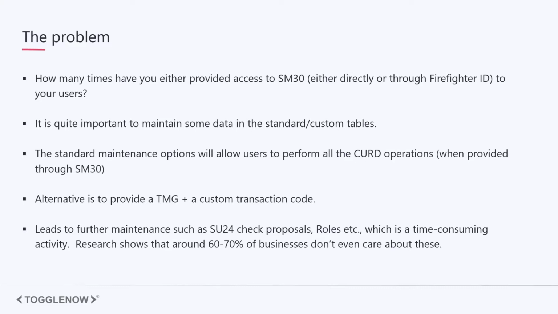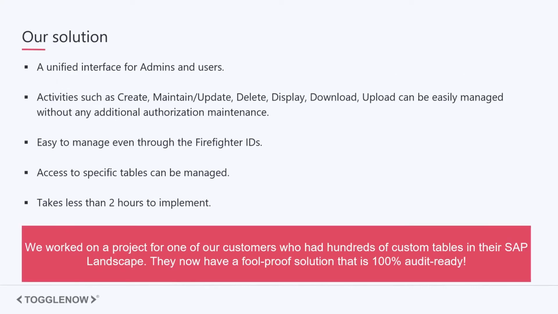So what we did is create a unified interface for admins and users where you can provide access to any of the tables in your SAP landscape with the relevant restrictions.